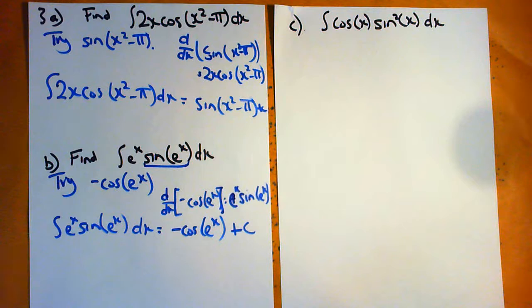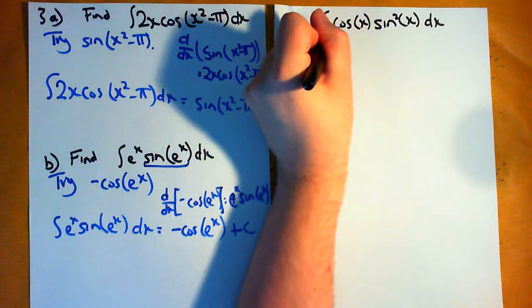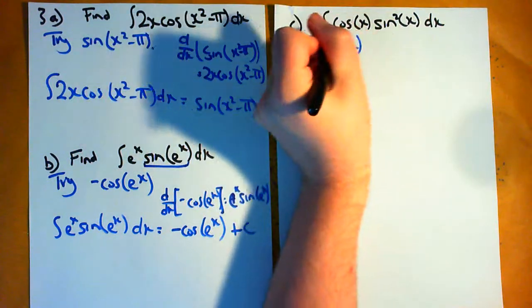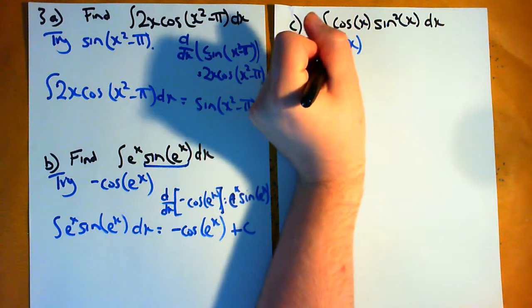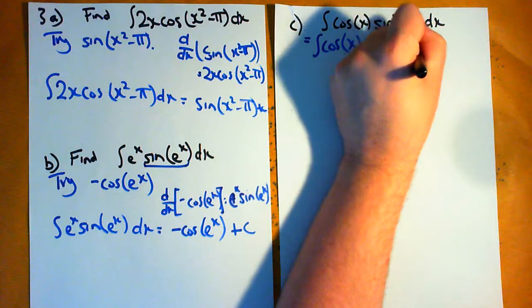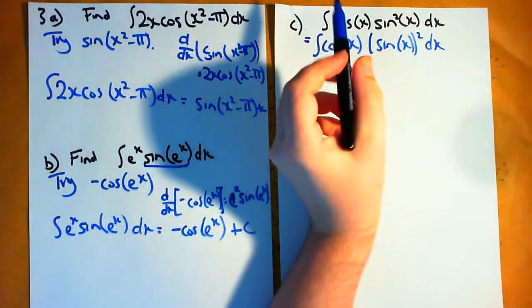And speaking of c, question C, we have the integral of cosine of x times the sine squared of x dx. So let's rewrite this in another way which will make it a little bit clearer what's going on and what function is inside which function. So this is the integral of cosine of x times sine of x in a bracket squared dx.